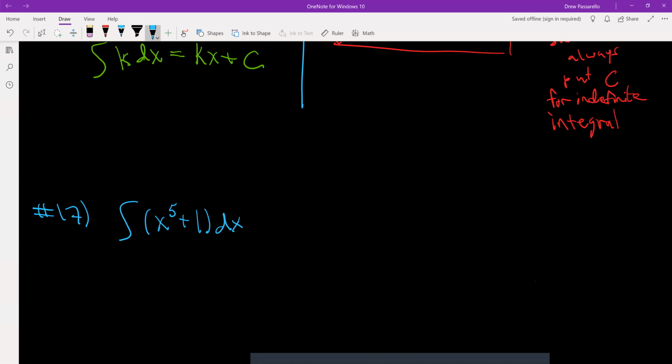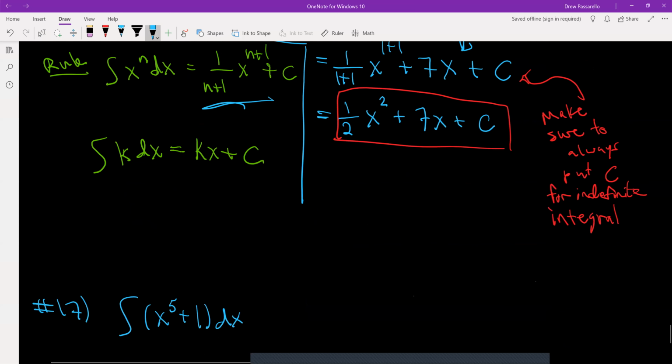And we're using the same rules that we just used in the previous question, except this time n is going to be 5, so we're still using these same 2 rules. I'm applying that one for the x to the 5th, and I'm applying this one for the 1, since 1's a constant.